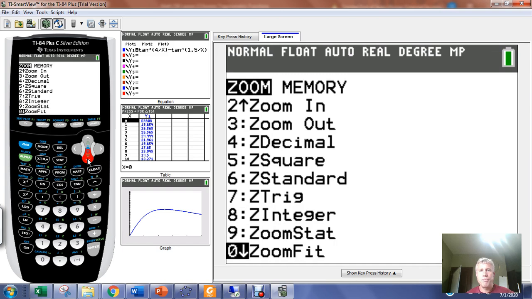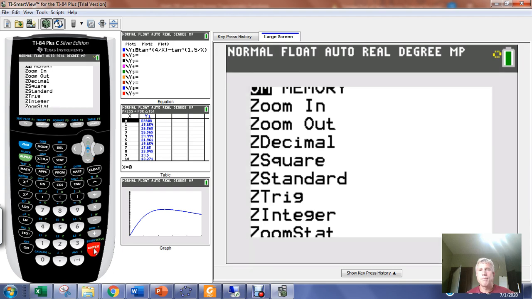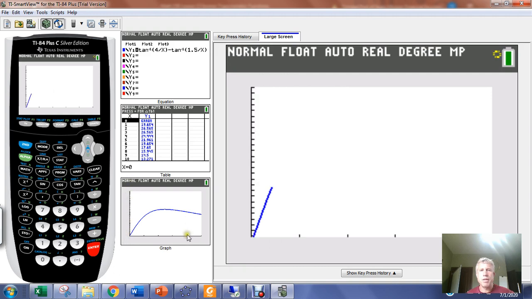Go down to zoom fit and hit enter. And now what the calculator will try to do is optimize this output window based on the input values that I chose. And what you'll see is that it probably more efficiently uses the viewing area in the window based on my 0 to 5 foot input values.